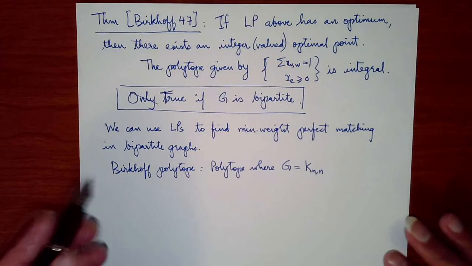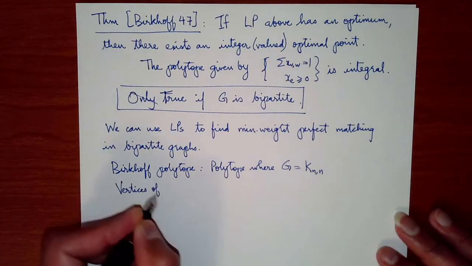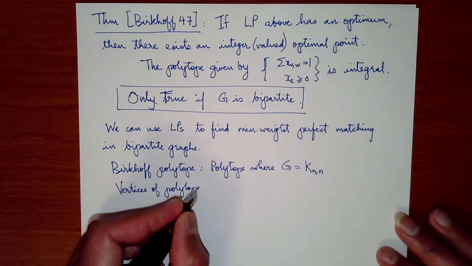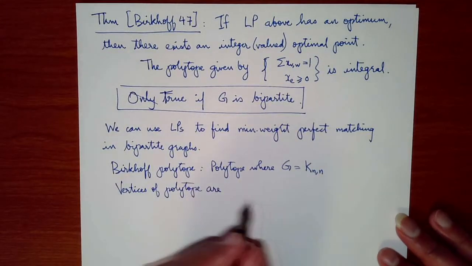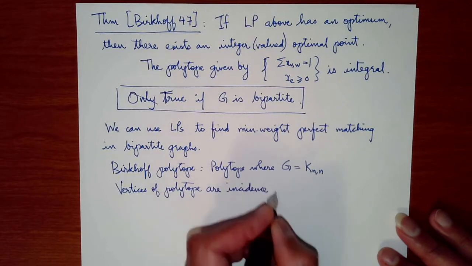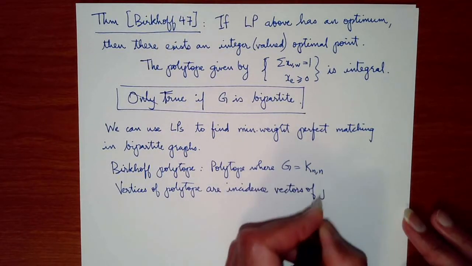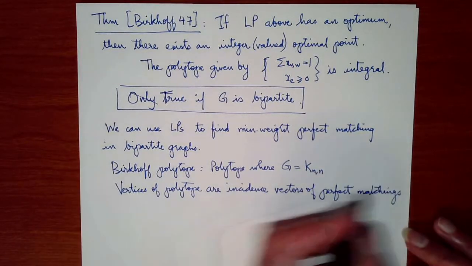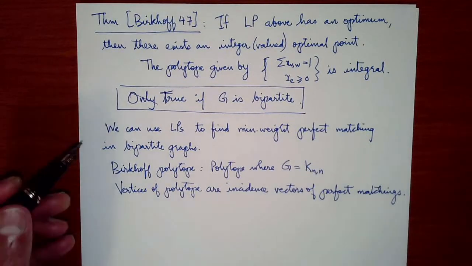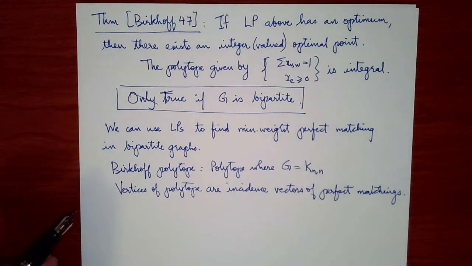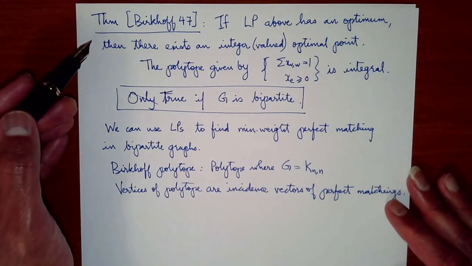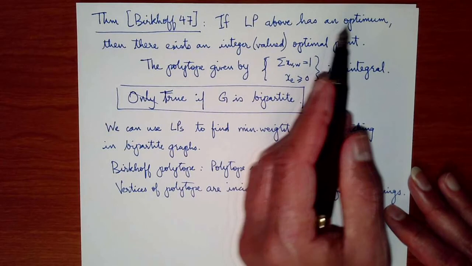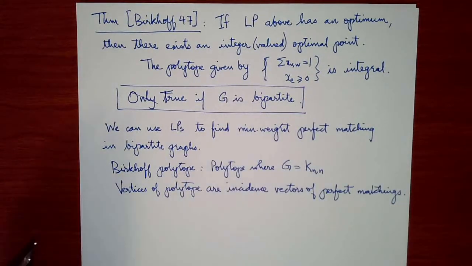Indeed, the vertices of the polytope are the incidence vectors of perfect matchings. Okay, I've thrown this out there. In two lectures, when I talk about the integrality of polyhedra, I will get into more of this. For now, the only thing that we need to look at is just the statement of Birkhoff's theorem, which is that if G is bipartite, if the LP above has an optimum, then there exists an integer valued optimal point.